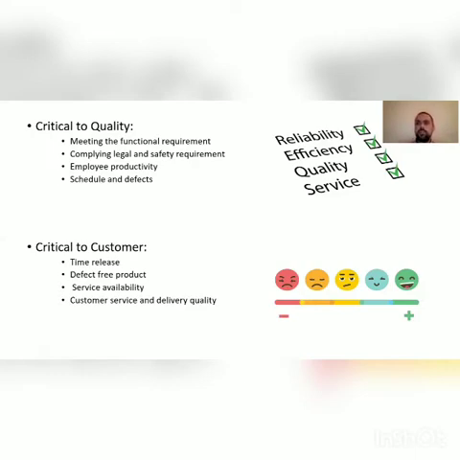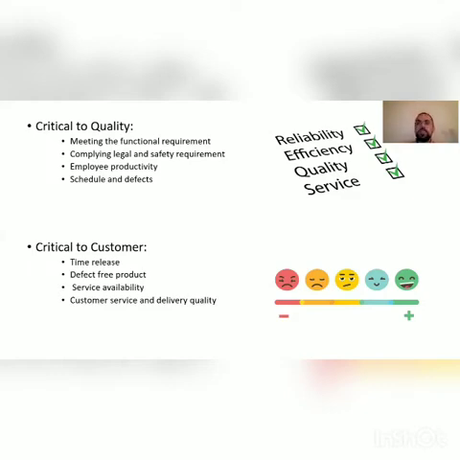But what is important for the customer? The first factor which is important for the customer is that they receive the product which they order on time. It means that they don't experience any delay. Second one, they don't experience any failure in their product. In other words, defect-free products. Third one, the service should be available.